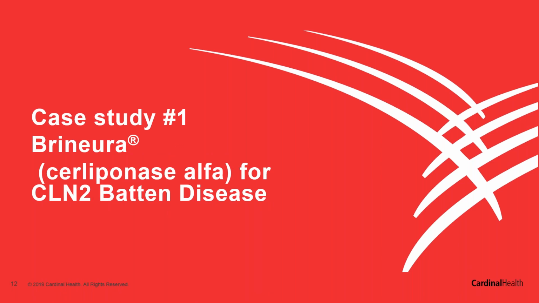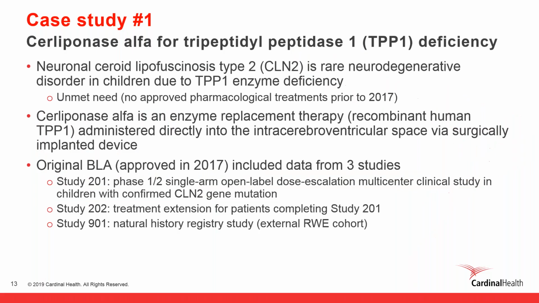So we'll start with a non-oncologic condition, and let's talk a little bit about what this is. I don't know how many folks would be familiar with this disease. However, it's a very, very rare condition. It's a rare neurodegenerative disorder of childhood, actually, characterized by the accumulation of storage material and lysosomes of neural tissues.